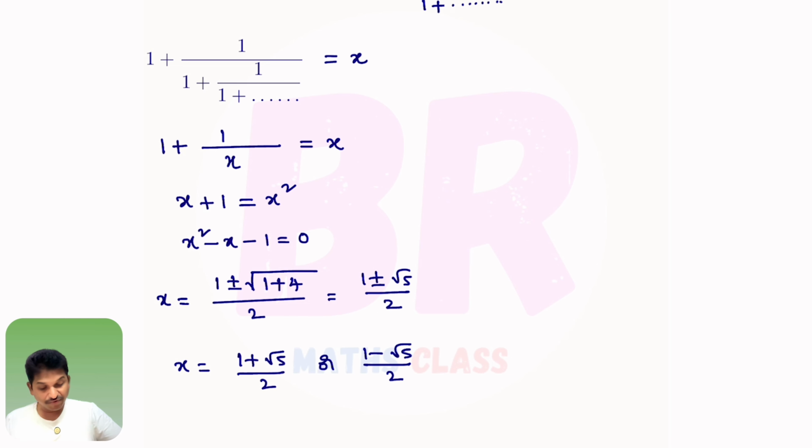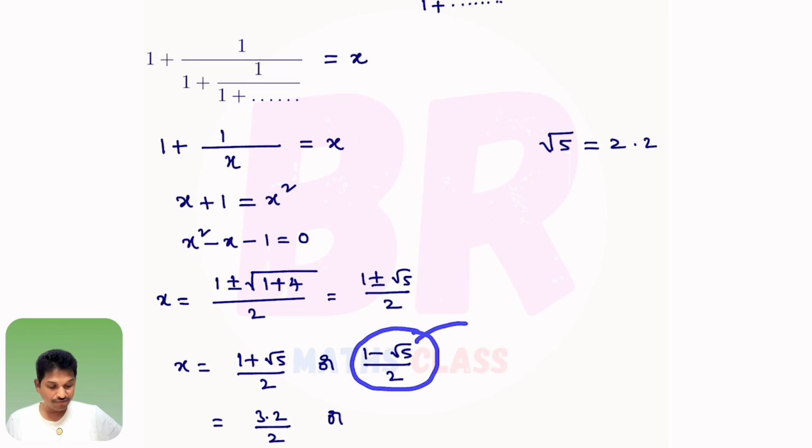Here, a few numbers to remember for the next topic. The root 5 value is 2.2 something. If I write the root 5 value as 2.2, 1 plus 2.2 is 3.2 divided by 2. And if I write 2.2, 1 minus 2.2, the numerator is negative.